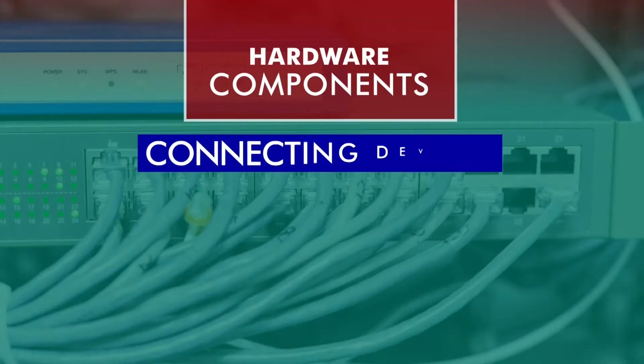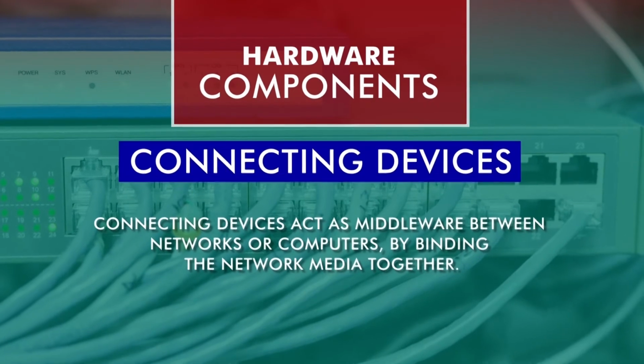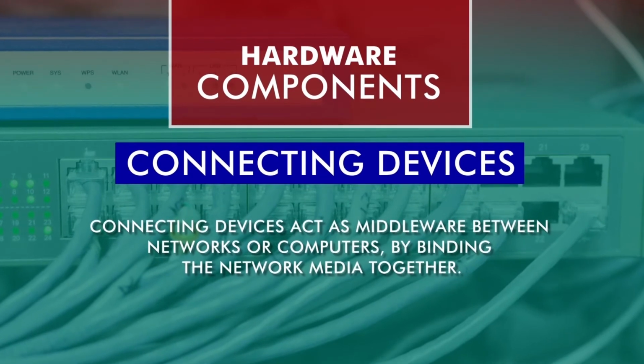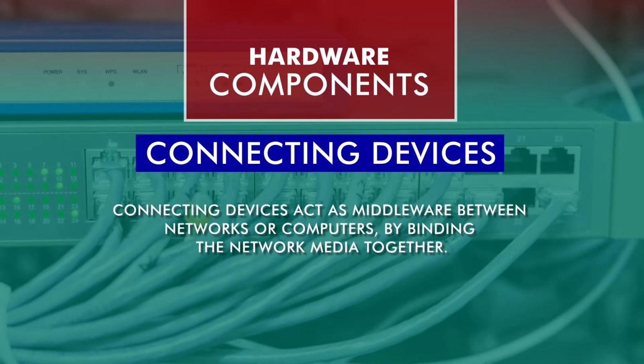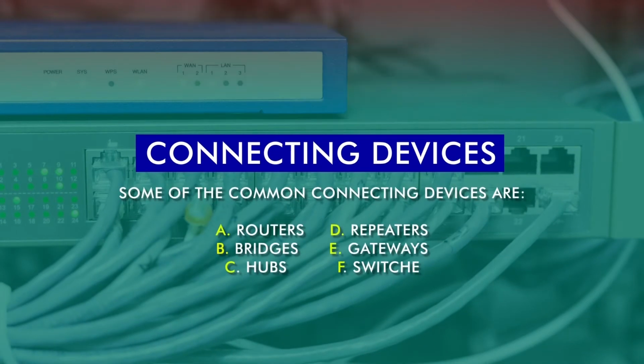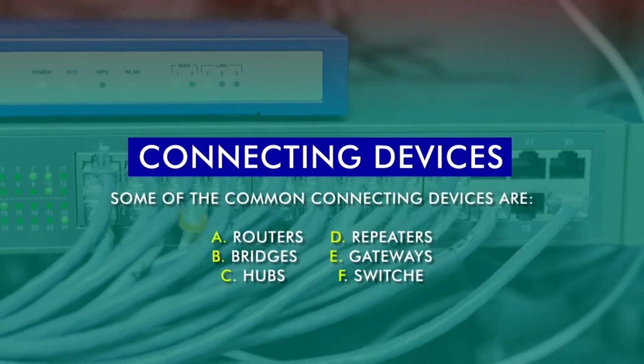The other physical component in a network is the connecting devices. Connecting devices act as a middleware between the networks or computers by binding the network media together. Some of the common connecting devices are routers, bridges, hubs, repeaters, gateways, switches. Each and every component we have discussed as a connecting device has its own functionality.